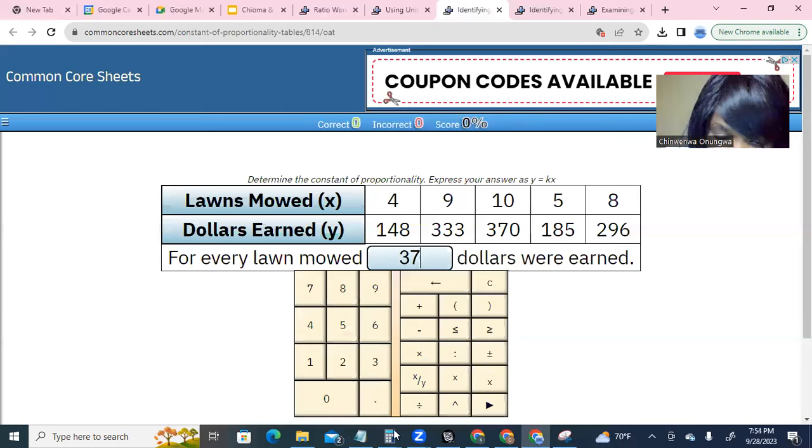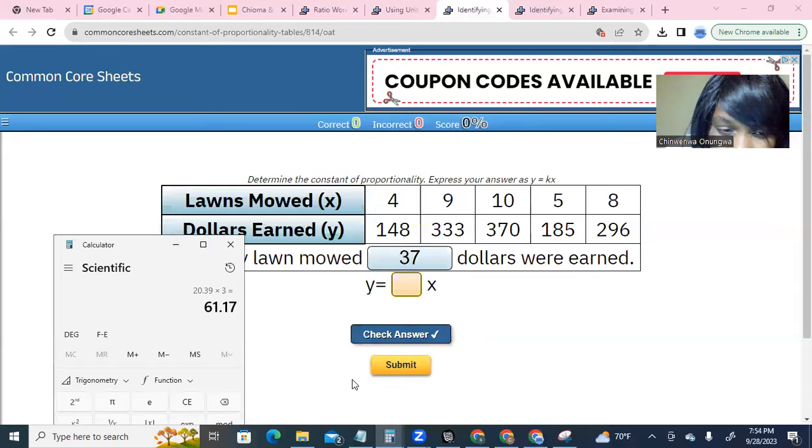Let's check with our calculator. 148 divided by 4, I get 37. 333 divided by 9, I get 37 again. 370 divided by 10, of course, I get 37 again. And 185 divided by 5, 37. And 296 divided by 8, I get 37. So that lets me know that it costs $37 to mow one lawn.